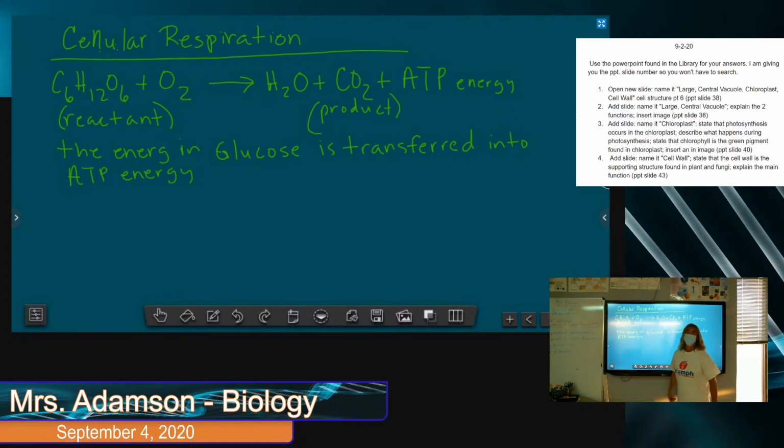Key point is ATP energy is the usable form of energy.